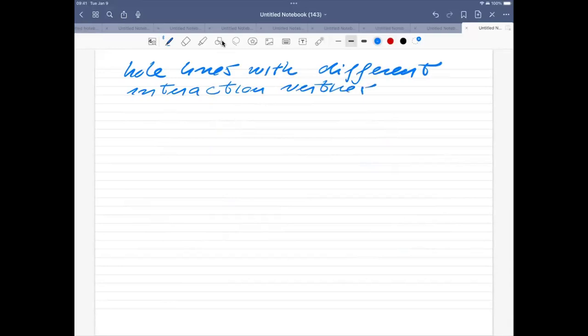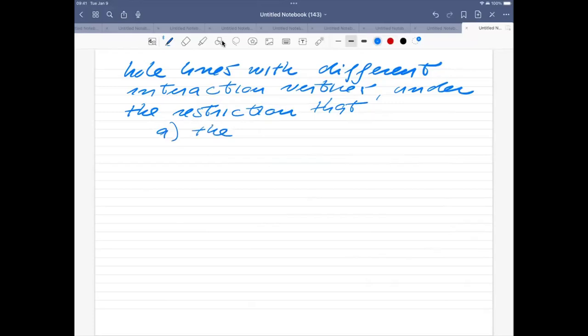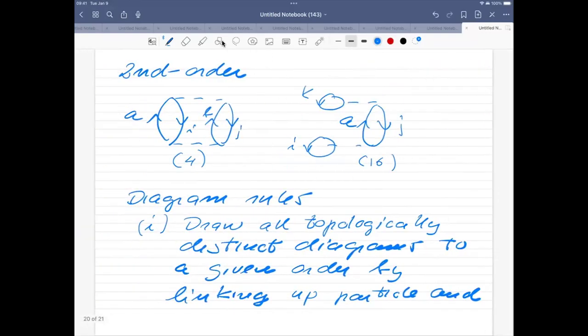Under the restriction that, one, the ordering of the interactions is not altered. If you're doing time-dependent many-body theory or time-dependent perturbation theory, then if we go back to the diagrams here, you could think of an interaction taking place at the time t1 here.